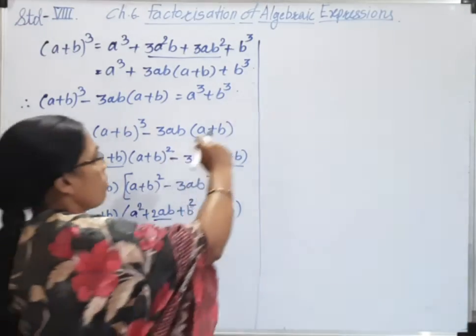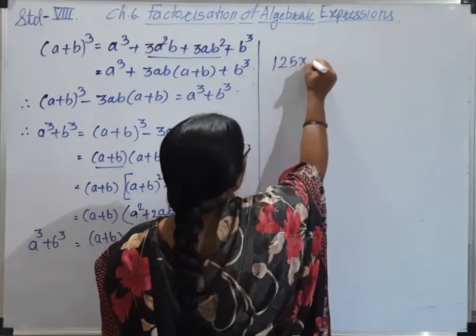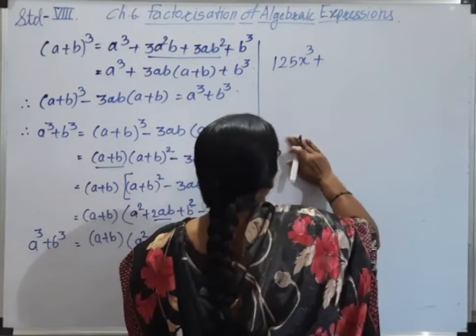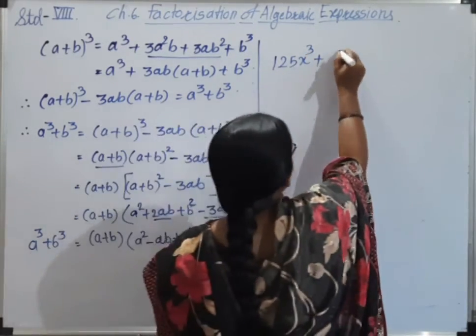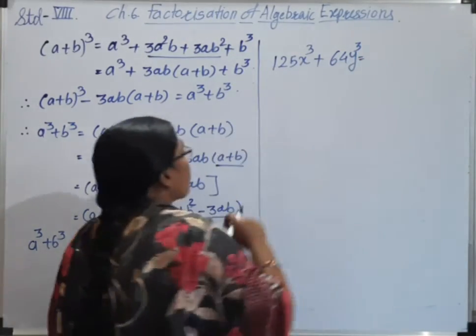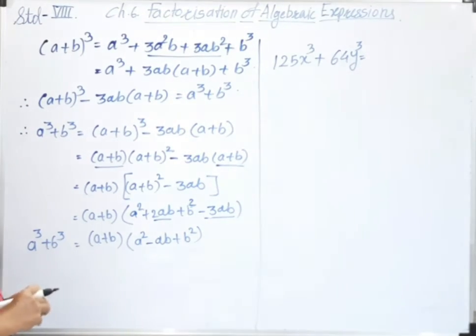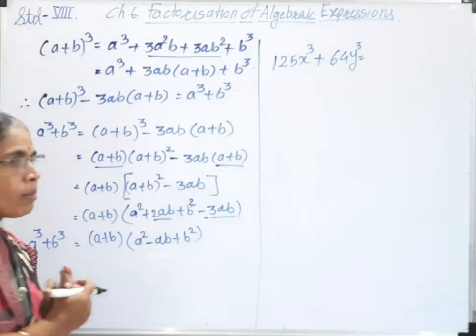Now I am taking one example here: 125x cube plus 64y cube. In both terms you can see both are perfect cubes. 125 is a perfect cube and 64 is also a perfect cube.